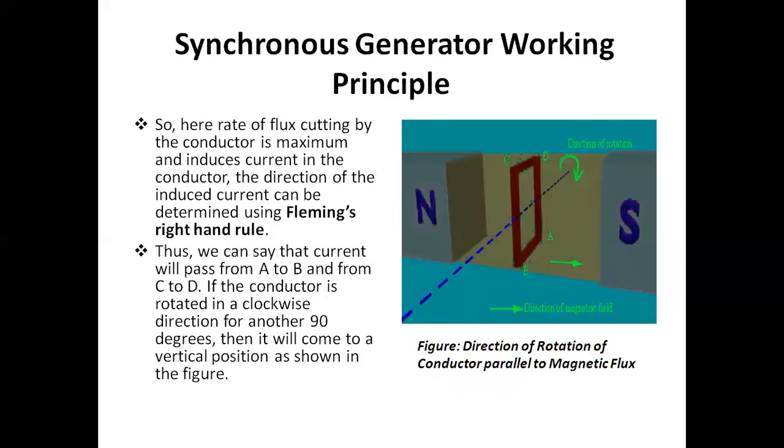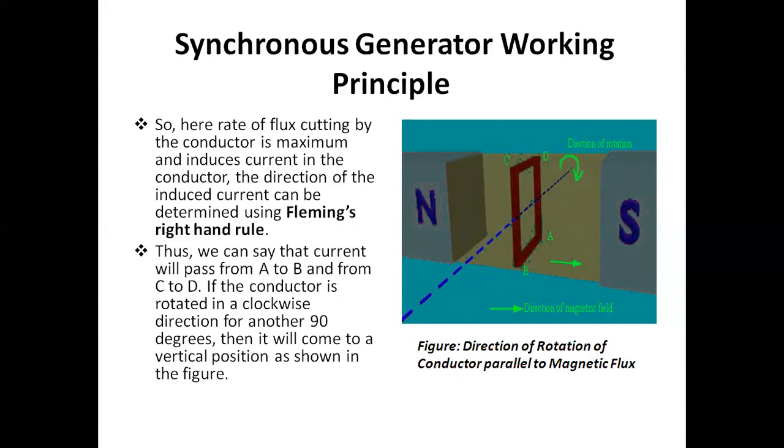So, the rate of flux cutting by the conductor is maximum, and the direction of the induced current can be determined by Fleming's right-hand rule.